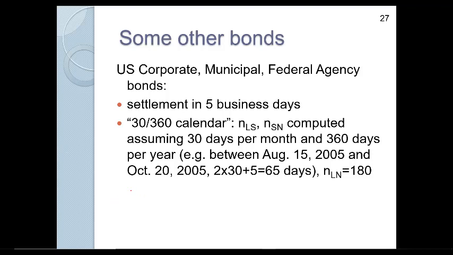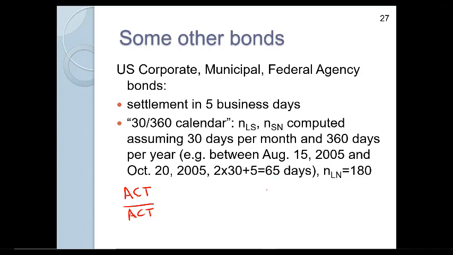Well, another type of calendar counting is actual over actual. In this case, you're going to count the exact number of days between 2 dates. So for example, between August and October, it's not going to be 65. August has 31 days, September has 30, so that's going to be an extra day.